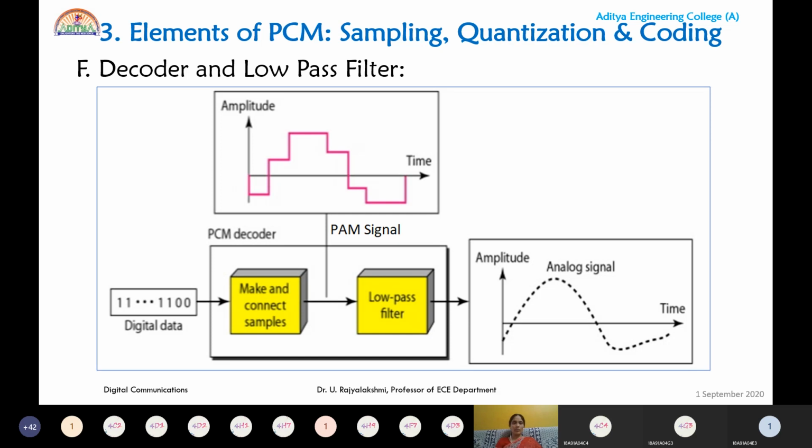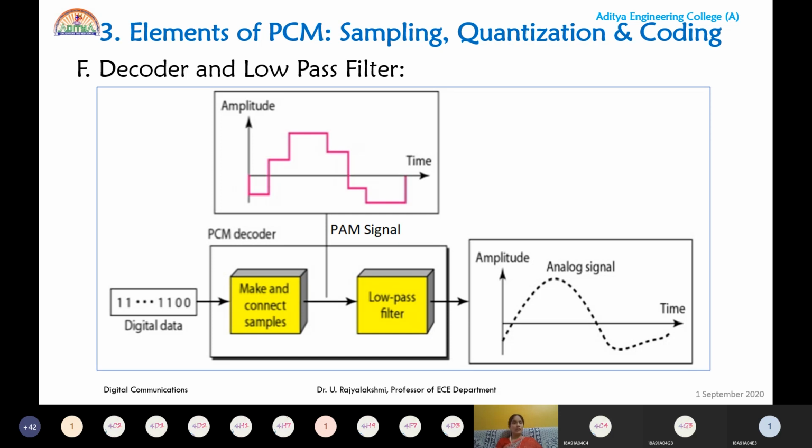Here the decoder will first collect the PCM signal, and then the collected n-bit sequence is divided into a certain number of samples. Based on the sample value, it identifies how many bits there are per sample.